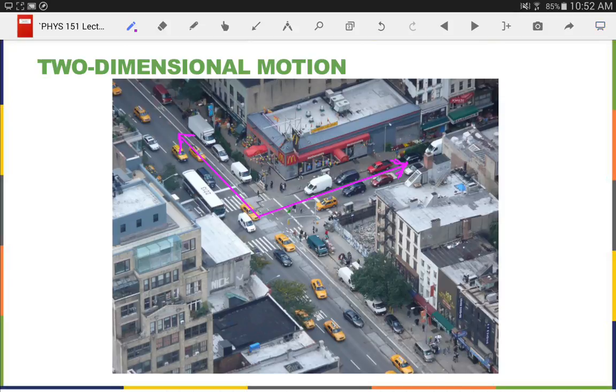Traditional labels are X, Y, and Z. So I just choose this one to be X. So the X direction is going roughly to the right, and the Y direction is going roughly up. And I can define any location, like this car here is in the negative X direction because I had to go to the left, and in the negative Y direction because I had to go down.